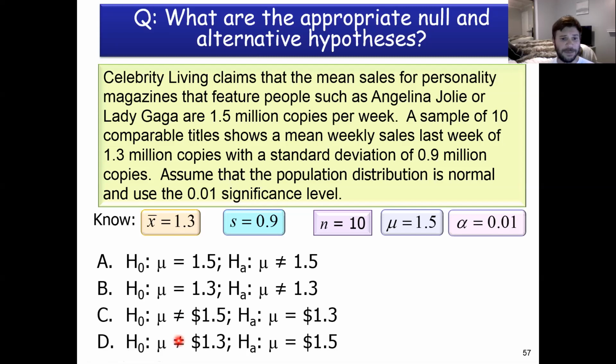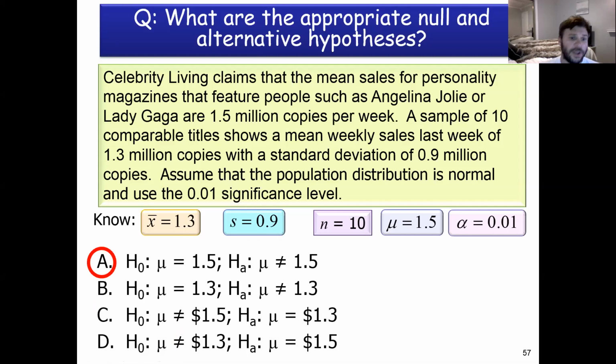We're between A and B, and A is the correct choice, that the claim we're testing is that there are 1.5 million copies per week being sold. The sample evidence already suggests there's maybe a little bit of difference, and we want to figure out, is 1.3 million copies sufficiently different than 1.5 million copies?